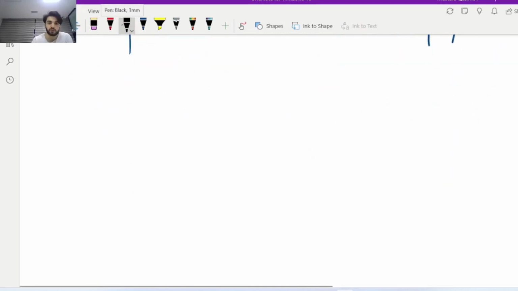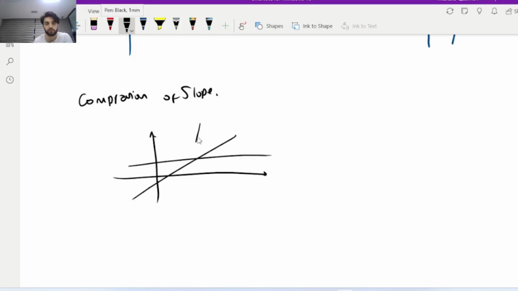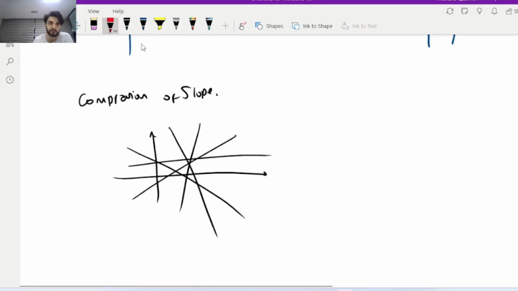Okay, now we can look at comparison of slope. Let's draw 5 different lines. Okay, let's write the names of them.